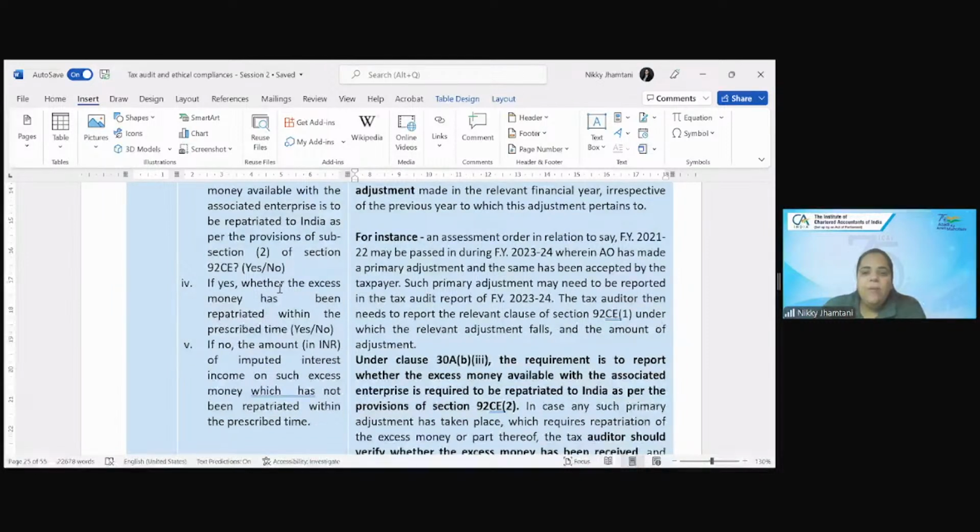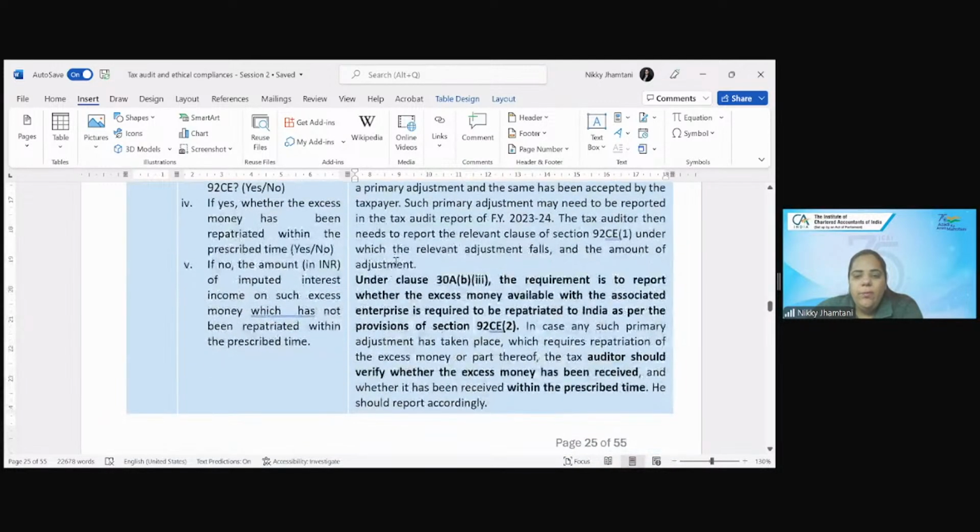Under clause 30A(b)(3), the requirement is to report whether the excess money available with the AE is required to be repatriated to India as per the provisions of section 92CE(2). In case any such primary adjustment has taken place, which requires repatriation of the excess money or part thereof, the tax auditor should verify whether the excess money has been received and whether it has been received within the prescribed time.